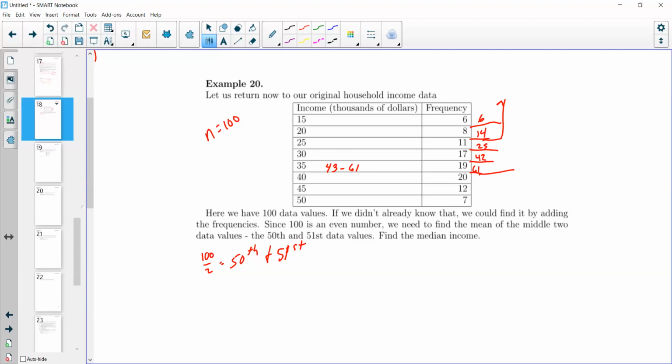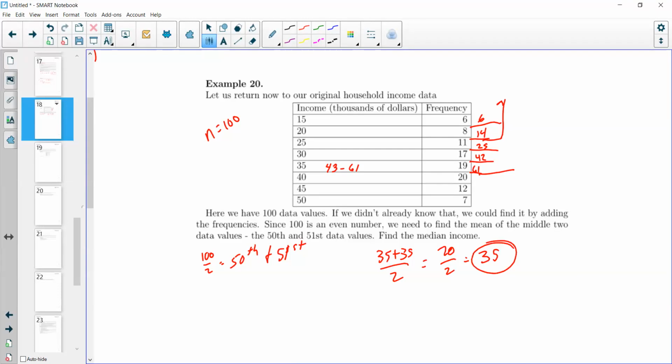So where is the 50th and 51st data point? What value do they have? 35. They're both in that range. So to do the calculation, we would take 35 plus 35 divided by 2, 70 divided by 2, which of course is 35, and that would be our median.